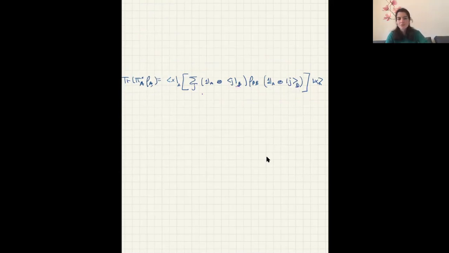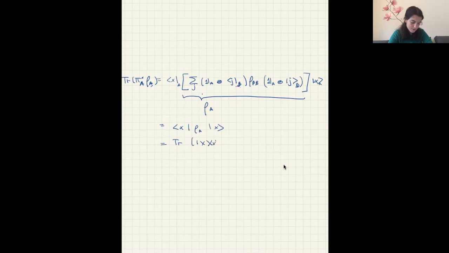But what's here? Let's call just this rho A. If we call this rho A, then what we have here is indeed X rho A X, and this is the trace of X X rho A. So it works out.